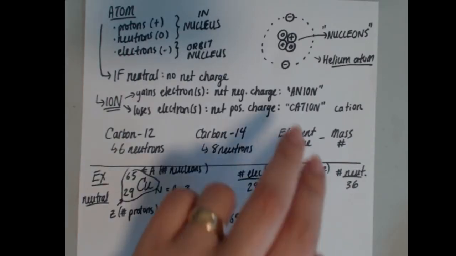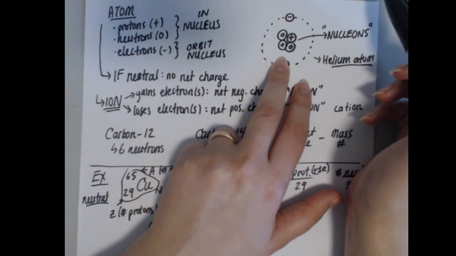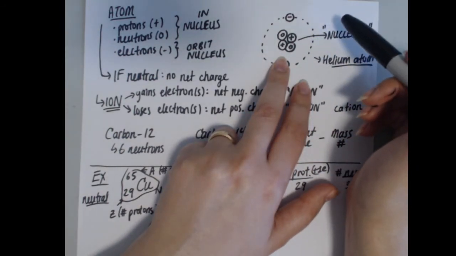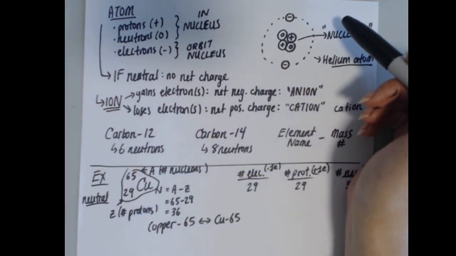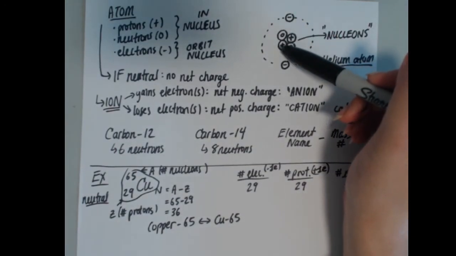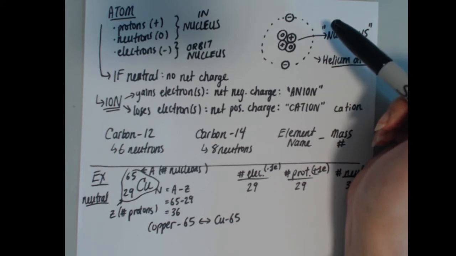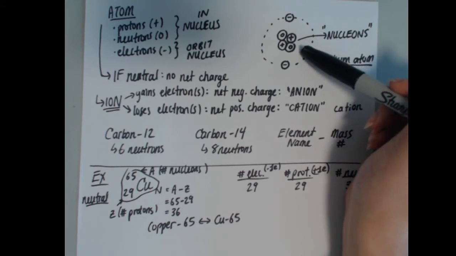So let me just pop over here for a second and look at this picture I drew in the beginning. One of the first things you learned in grade 9 science was something called the law of electric charges. And what that law told us is that like charges repel and opposite charges attract. Now, if you really thought about that closely, you would have realized that based on that explanation, there is no reason for the nucleus of an atom to actually stay together.